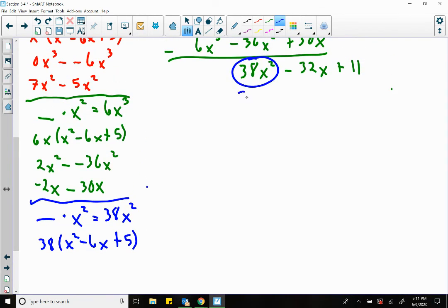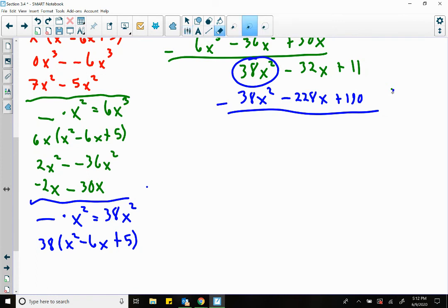So that gives us the 38x squared that we were looking for. 38 times negative 6 gives us negative 228x. And 38 times 5 gives us a positive 190. And all we're going to do now is subtract down.